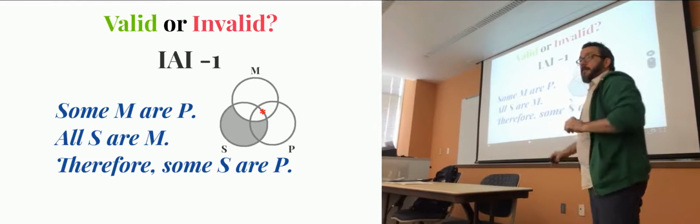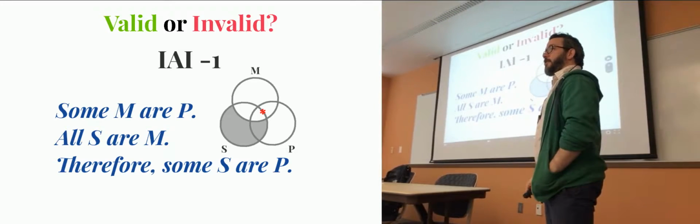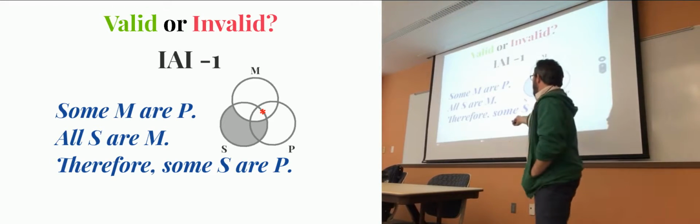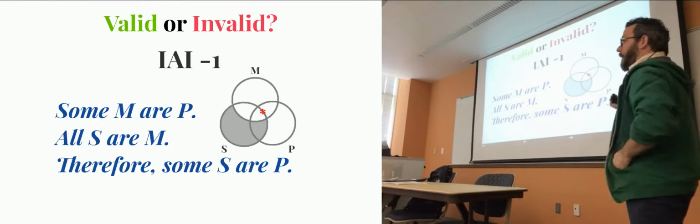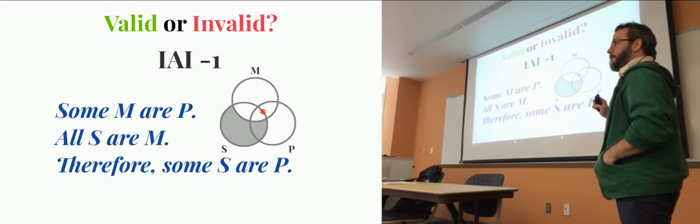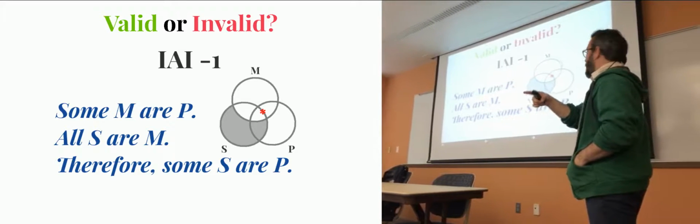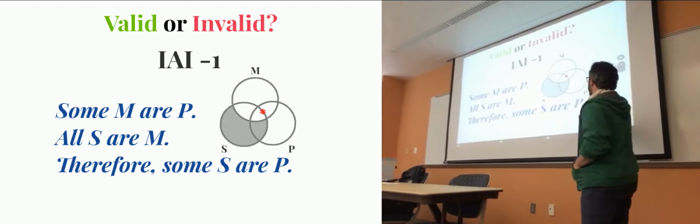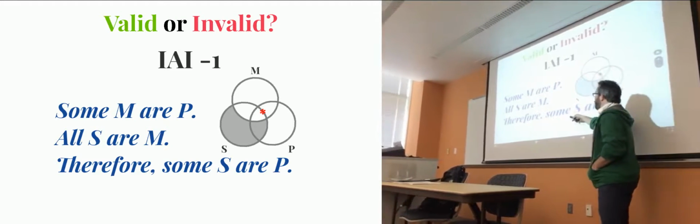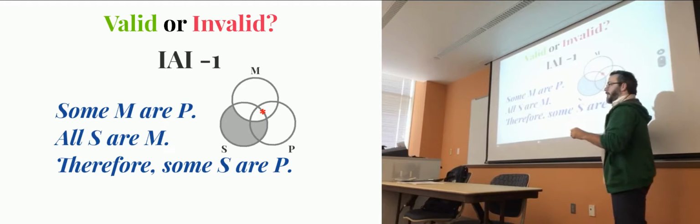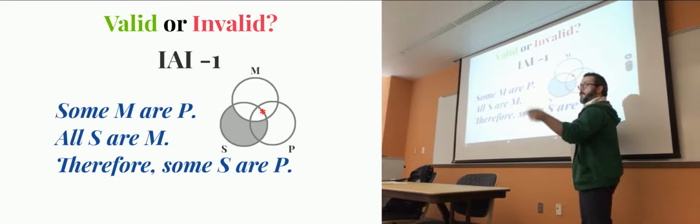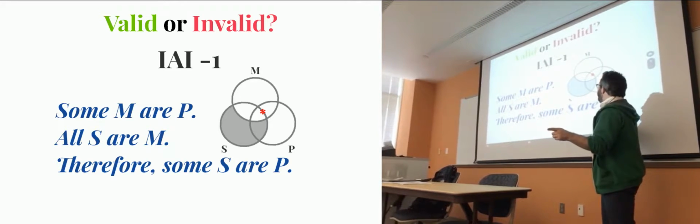Is that argument valid? Is that a valid categorical syllogism? In order for it to be valid, my conclusion would have to already be represented on my Venn diagram. But it's not already represented, right? It's not valid. Therefore, some S are P, there would need to already be an X inside the S circle that's also inside the P circle, right? Do I have one of these?